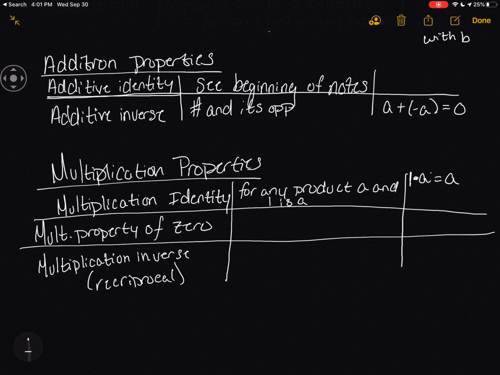So 2 times 1 is 2, 14 times 1 is 14, so on and so forth. And I can write that the opposite way, A times 1. It doesn't matter which way, it's still going to give me that value of whatever I multiply 1 by.